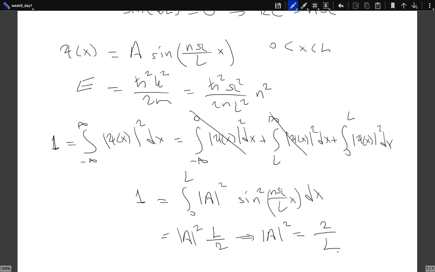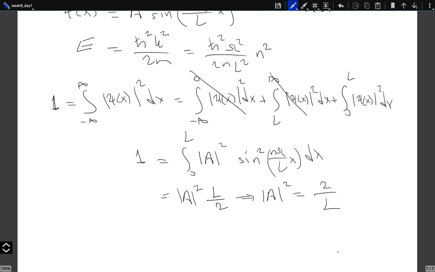Now this, of course, gives me only the absolute value of A. It doesn't give me the value of A, because A can be a real number, a positive number, a negative number, or a complex number. The only thing this equation tells me is that A should be equal to the square root of 2 over L times e to the power i alpha, whatever alpha is.